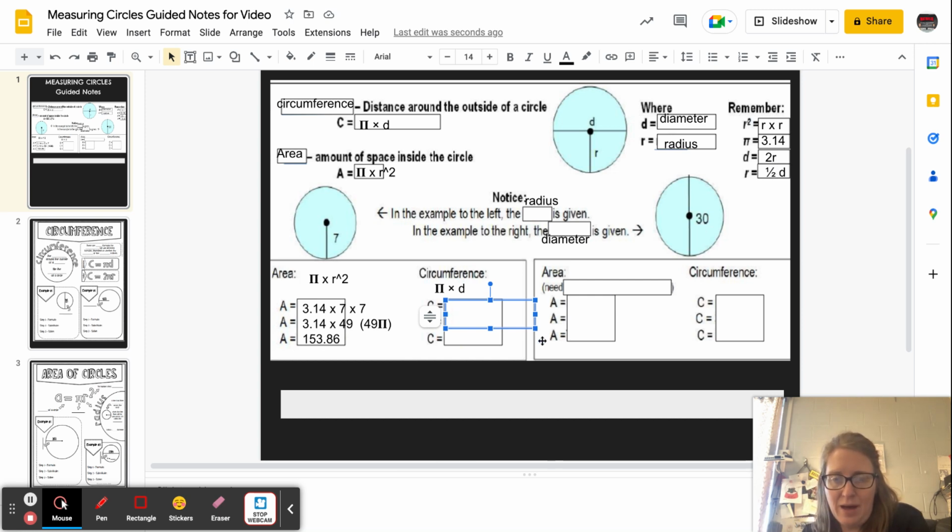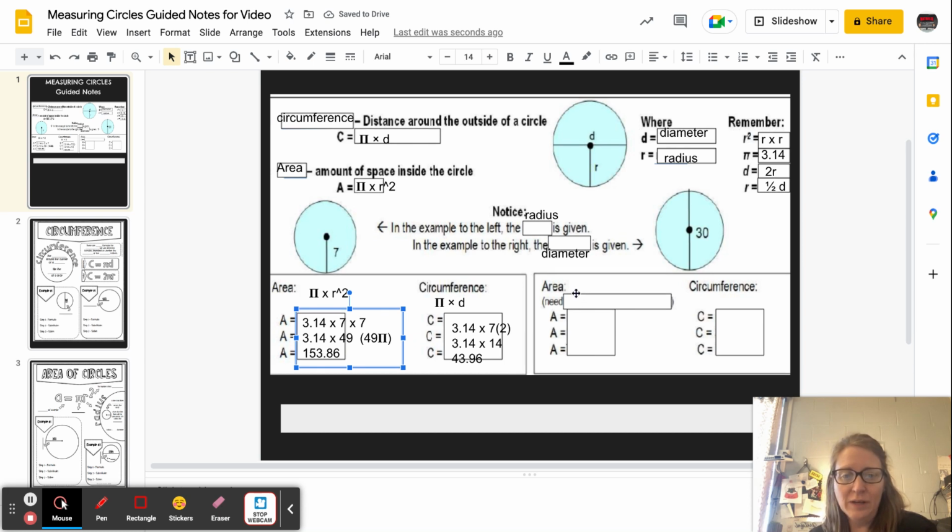So we're going to say pi, 3.14, times 7 times 2. 7 times 2 is 14. So we're going to say 3.14 times 14. And then you can do the math. 3.14 times 14 is 43.96. And that's the circumference of this one.